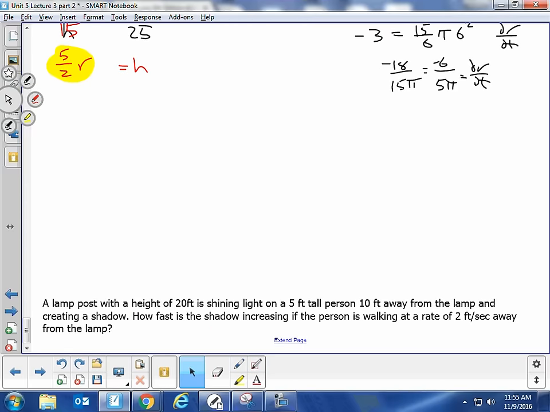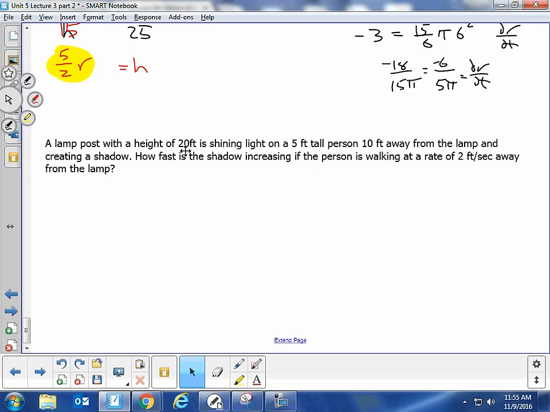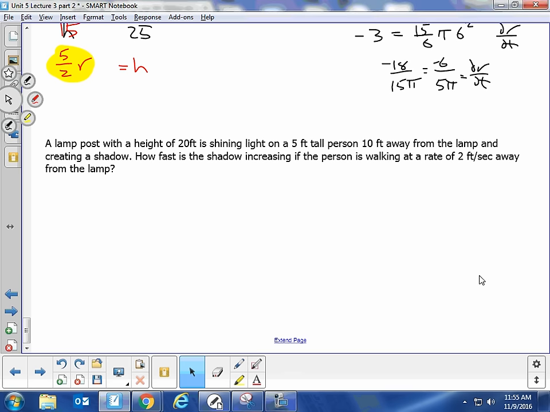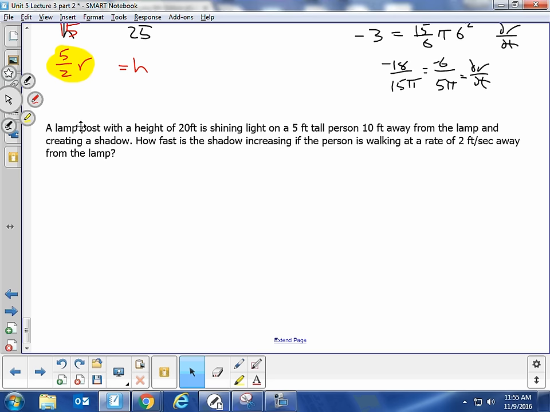Again, this is another difficult problem. Okay, so we have a lamp post with a height of 20 feet. Here's my lamp post. It's 20 feet high.